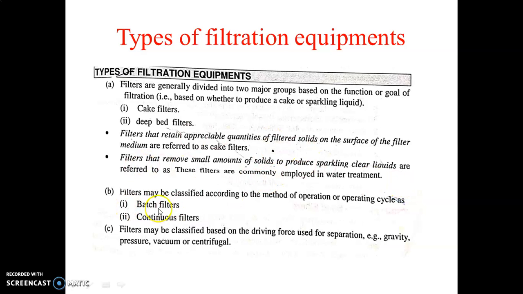In this way, a batch filter is operated. In a continuous filter, the input and output are continuous. Slurry is continuously going in, filtration is continuously done, and both cake and filtrate can be continuously taken out. That is called continuous.